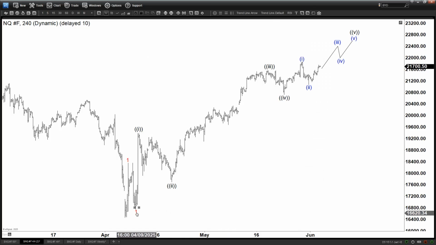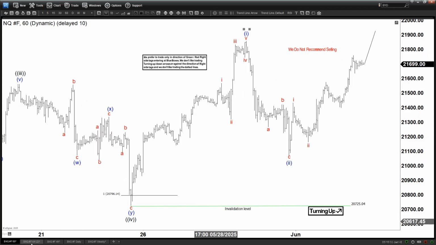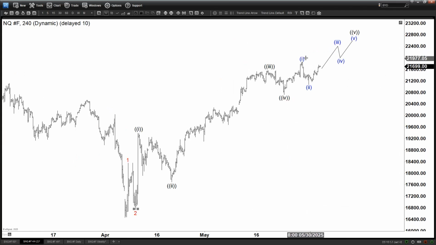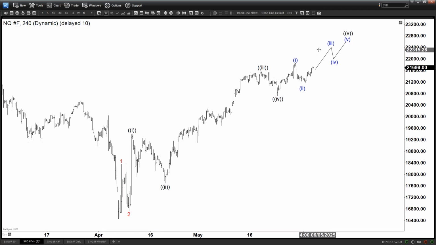What is really useful in this shorter cycle idea is that if you count the number of swings, so far we got 1, 2, 3, 4, 5, 6, and then 7 swing. Technically we do need further upside, because a 7 swing is actually a corrective sequence.